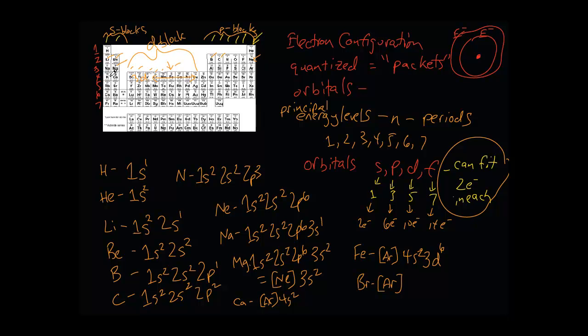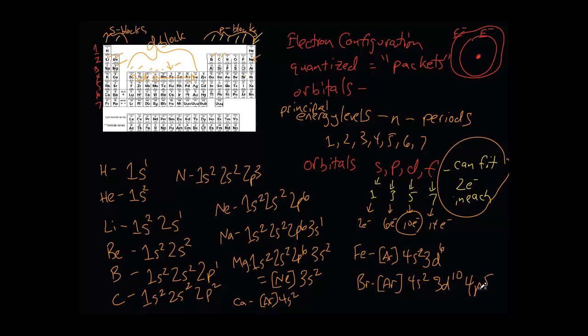And now it's 4s2, then 3d1 through 3d10, which makes sense because remember when we said that there are 5 d orbitals and we can fit 2 in each, that's 10 electrons. And now it goes back to 4p. So after 4s and 3d, it's 4p1, 4p2, 4p3, 4p4, 4p5 for bromine.